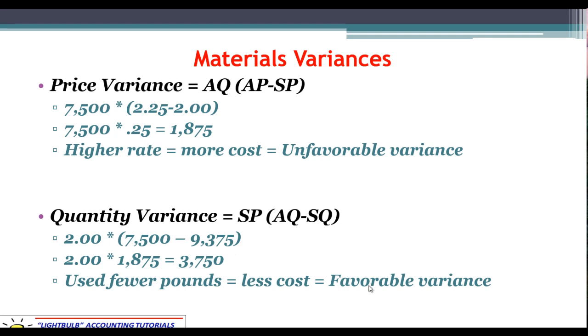So that's going to be a favorable variance, but to identify how favorable, we have to multiply it by the standard price of $2 per pound. So the $2 multiplied by the 1,875 pounds is $3,750. So that's what the quantity variance was. We used fewer pounds. That gave us less cost, which is a favorable variance.